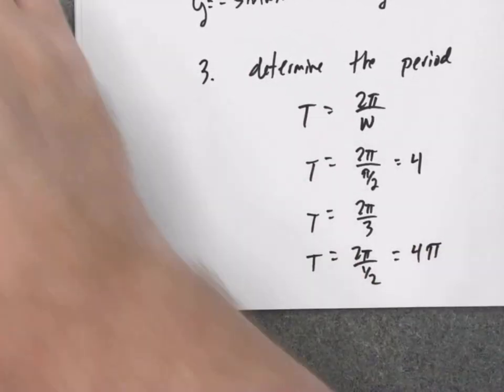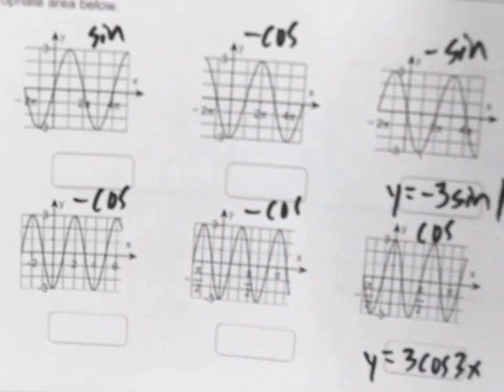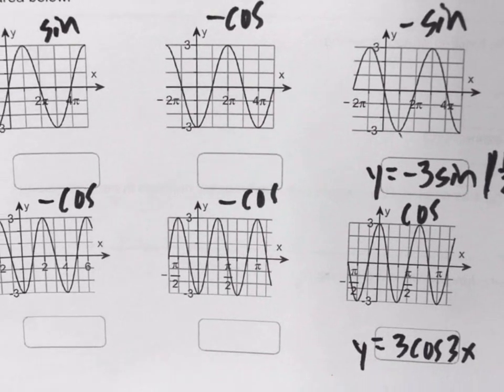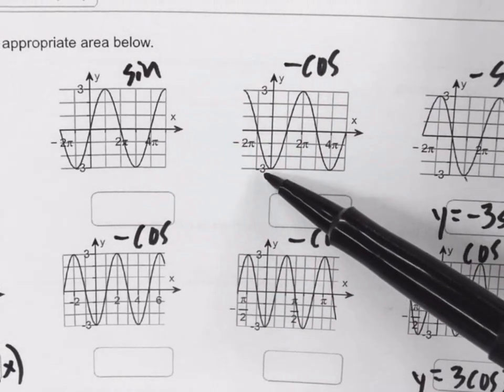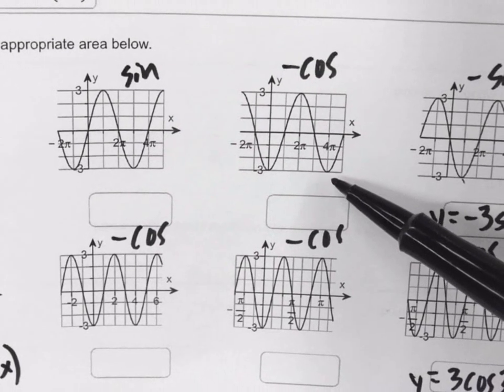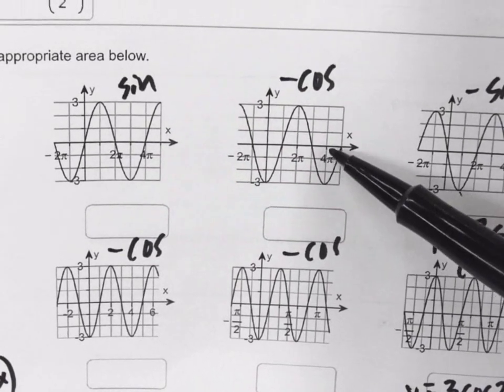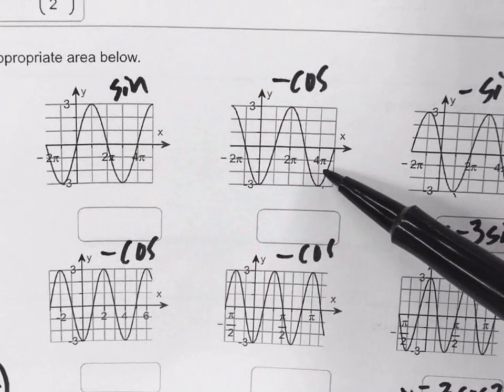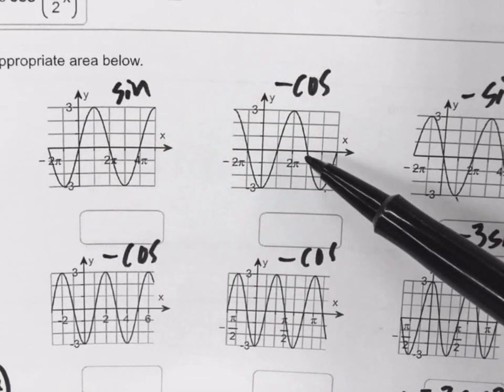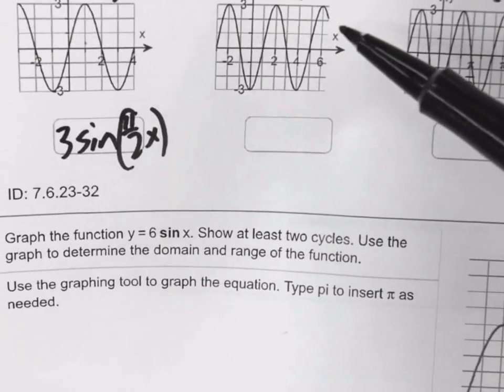So the graph of this should have a period of 4 pi, so it should complete one cycle in 4 pi. So here, first possibility, it starts down here, goes up, it comes back. When it gets down here, it's finished the period, which is 4 pi. Looks like that's it.